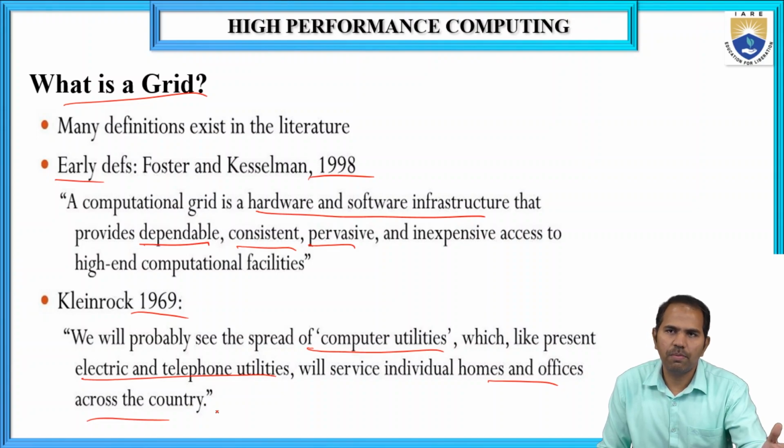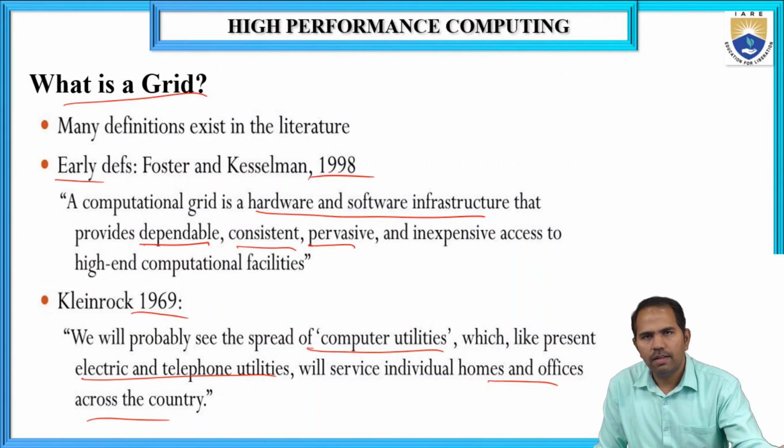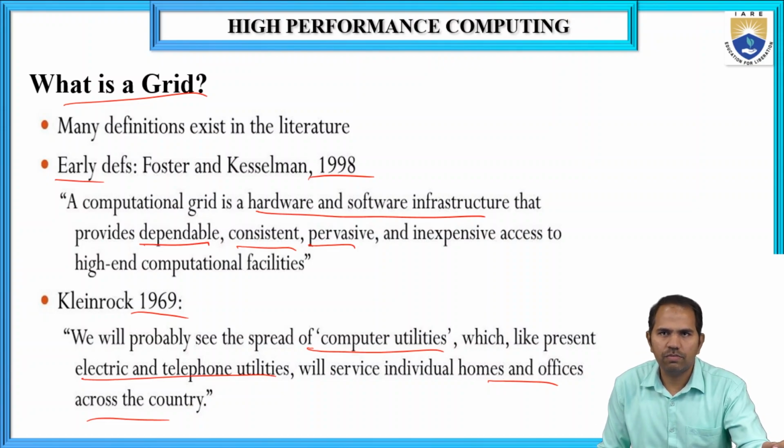So offices are individually provided and combined into one grid. Homes are also combined. Homes that use the computer utilities form one grid, and offices that use the computer utilities form another grid. We categorize it like that. This definition was proposed by Kleinrock.